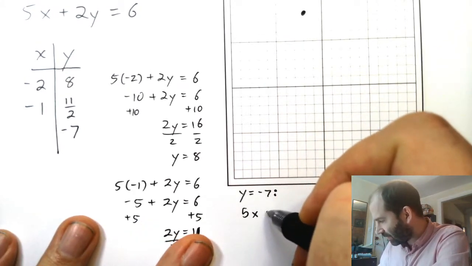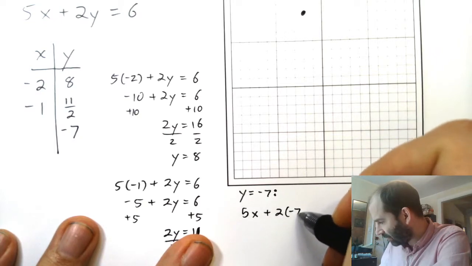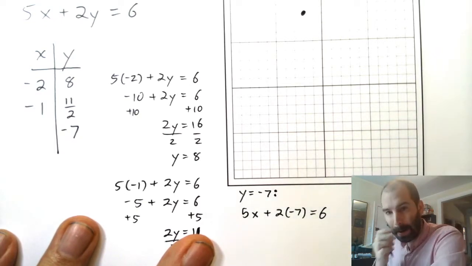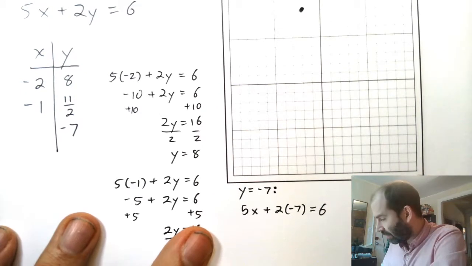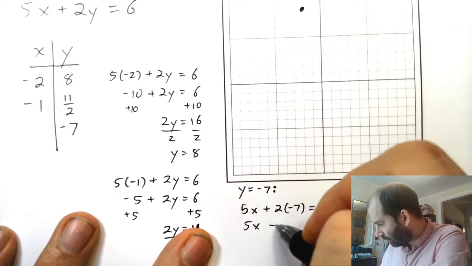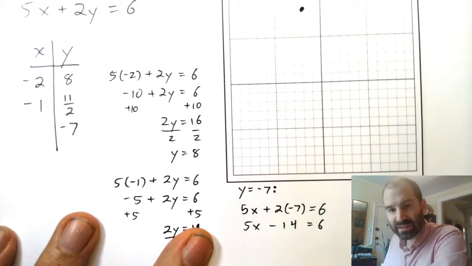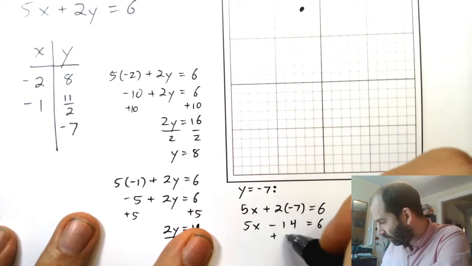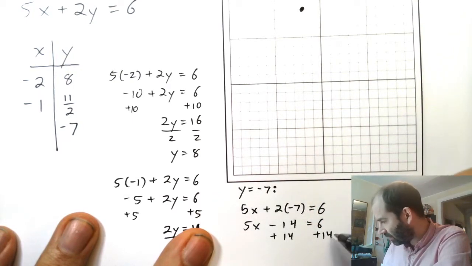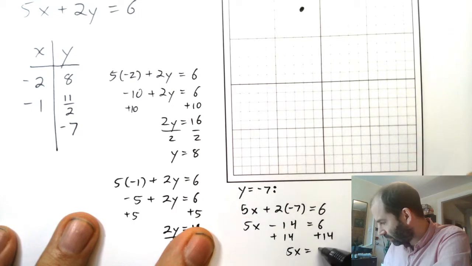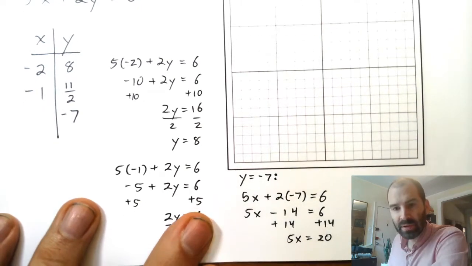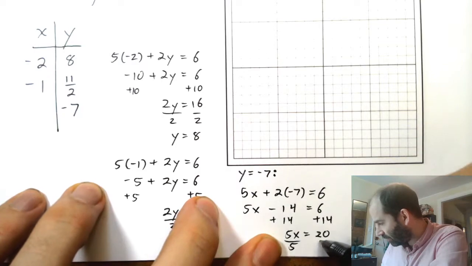So 5x plus 2 times -7 equals 6. All right? Okay, so 5x minus 14 equals 6. So add 14 to both sides. 5x equals 20. Divide both sides by 5.